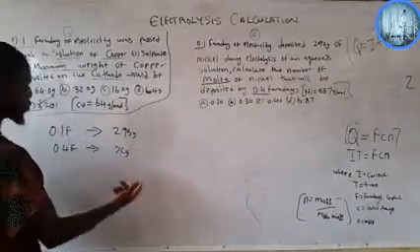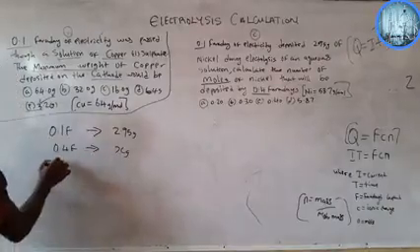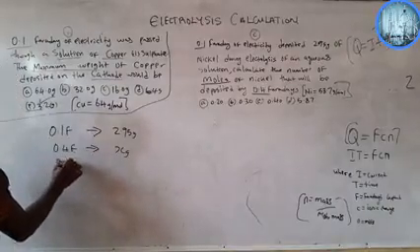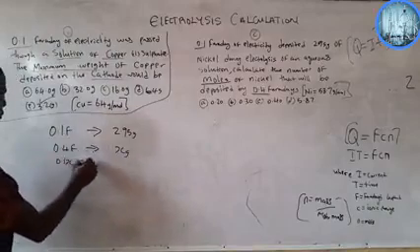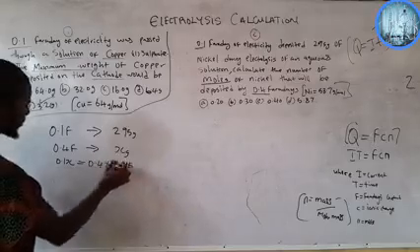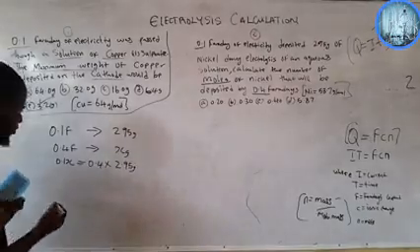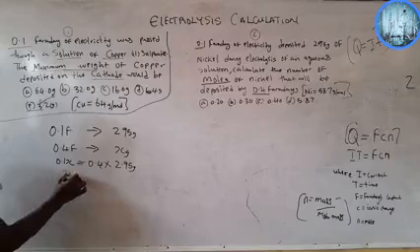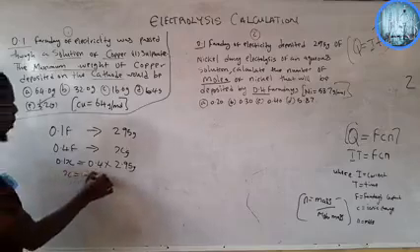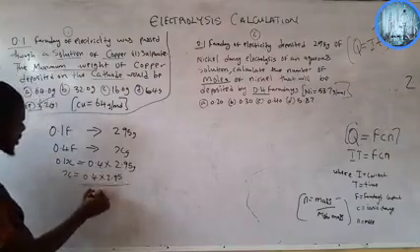Since 1 Faraday gave us this, then 0.4 will give us what? So that goes 0.1 times x, you have 0.1x equals 0.4 multiplied by 2.95 grams. Making x the subject of the formula, x equals 0.4 multiplied by 2.95 divided by 0.1.